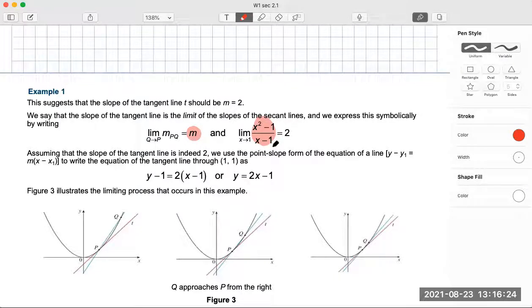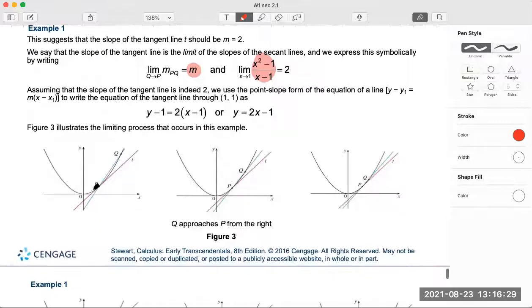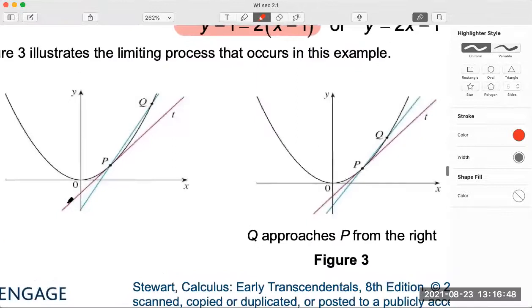And that is the slope of the tangent line when Q comes closer to P here. Having the slope here and the given point, we can simply apply the formula. And then this equation, we call it the tangent line through this point. And it is the red line here, okay?